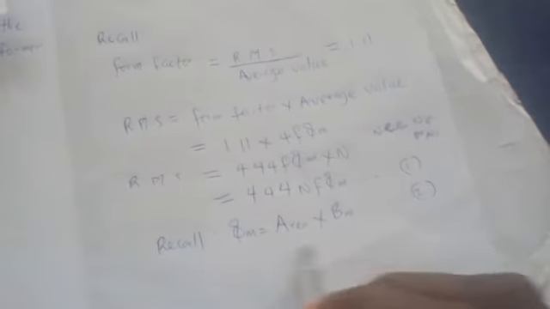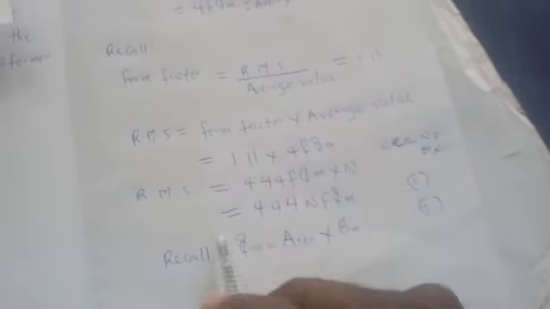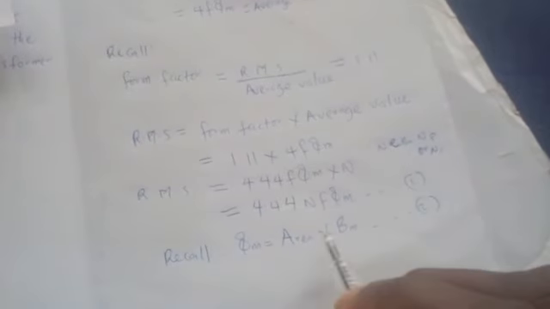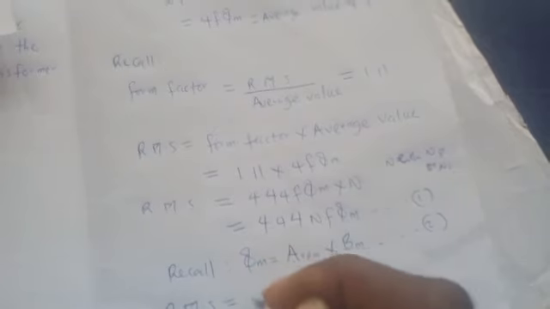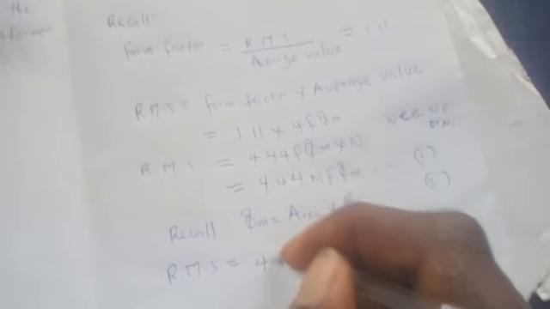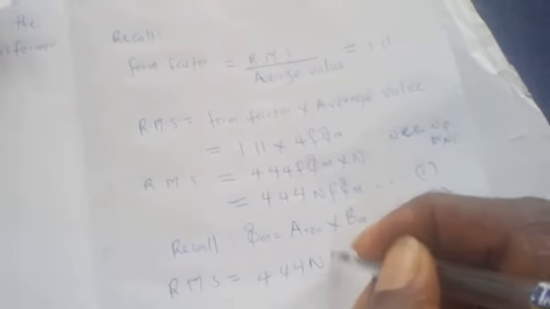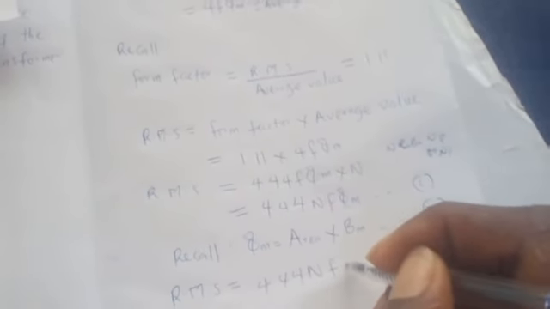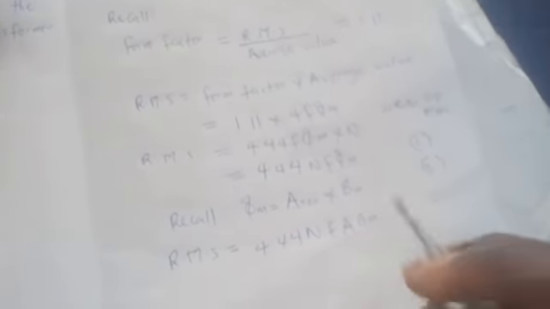I'm going to substitute equation 2 in equation 1. My RMS value is equal to 4.44 multiplied by N multiplied by the frequency multiplied by the area multiplied by B maximum. Don't forget that I've substituted area times the maximum flux density for flux.